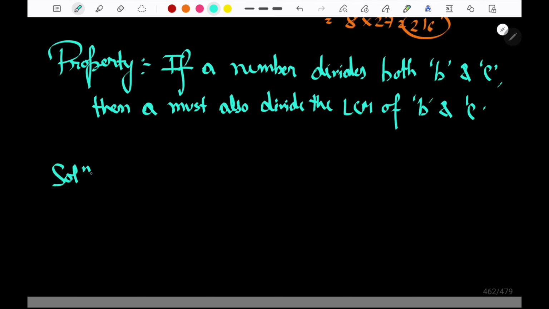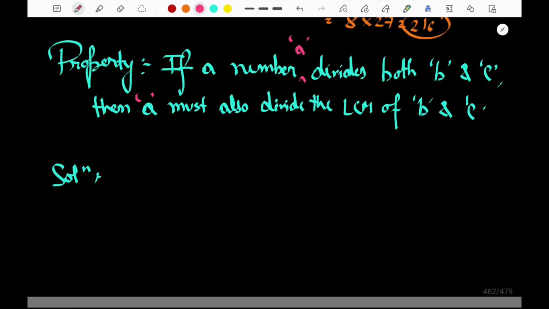For the solution part, it says, if a number A divides both B and C, then A must also divide the LCM of B and C. Of course, it's obviously true. If it is dividing B and C, then it obviously will divide the LCM of B and C.